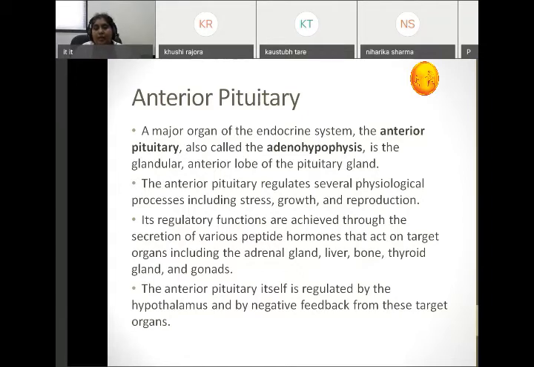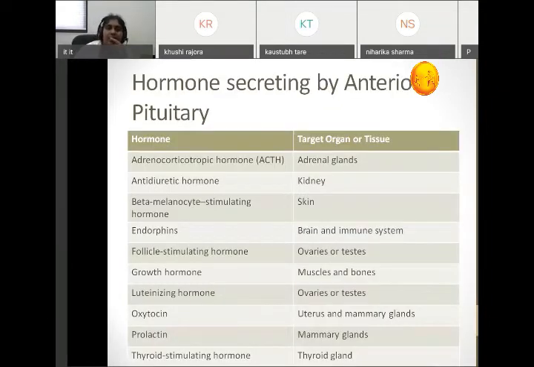Regulation of hormone is mainly by a negative feedback mechanism. Any regulation of hormone is by negative feedback mechanism. You know the hormones of the anterior pituitary. There is no need to repeat these hormones again and again.